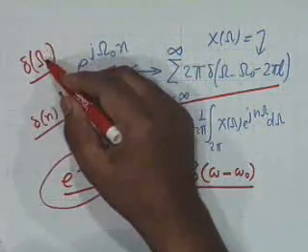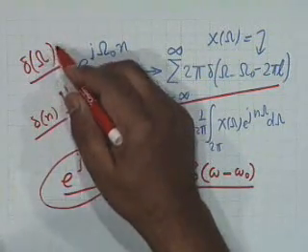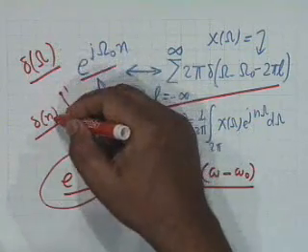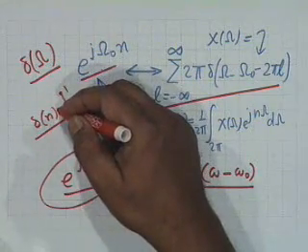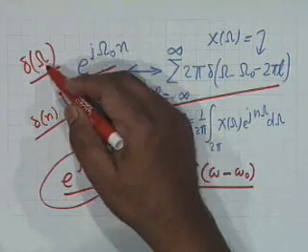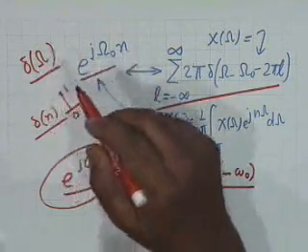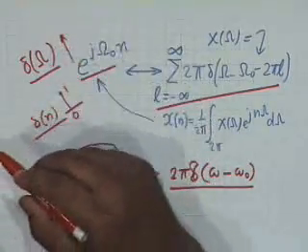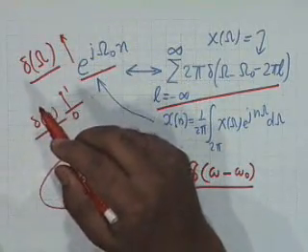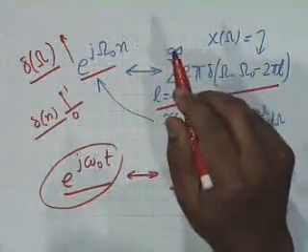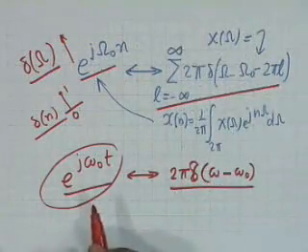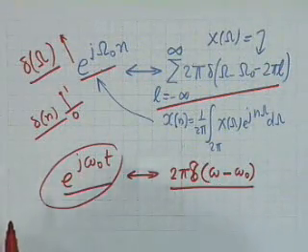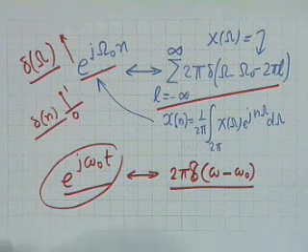Capital omega is a continuous variable. Small n is a discrete variable, it can only assume integer values, whereas capital omega is a continuous variable, and therefore delta omega is indeed a delta function. Its area under the curve is equal to unity. You must notice these differences very carefully because it is very easy to get lost.